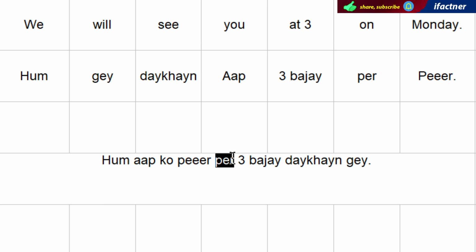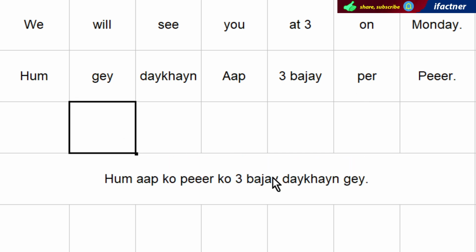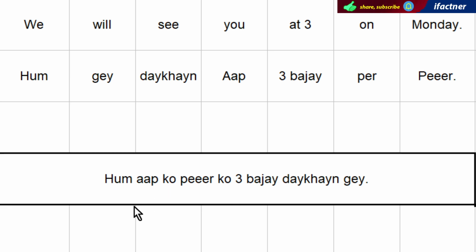So usually we say पीर को. So we don't use on but को. हम आपको पीर को 3 बजे देखेंगे.